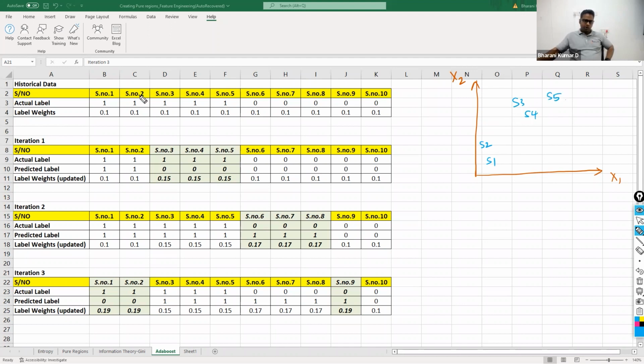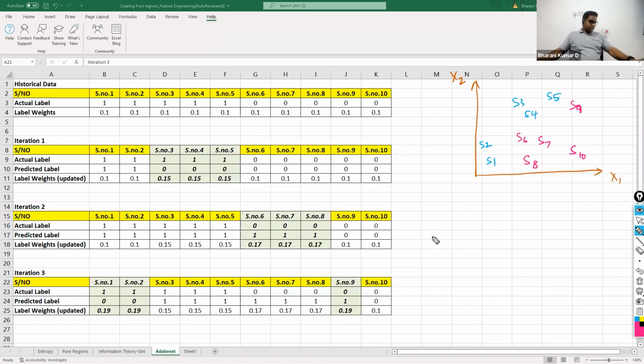So you have 5 data points. Another 5 belong to the pink class: S6, S7, S8, S9, and S10. The reason why I'm listing down the points in this way is because I want to explain in a detailed manner how it works.